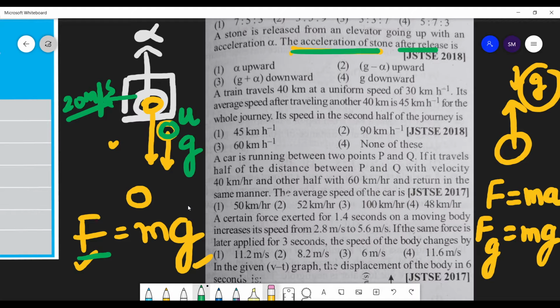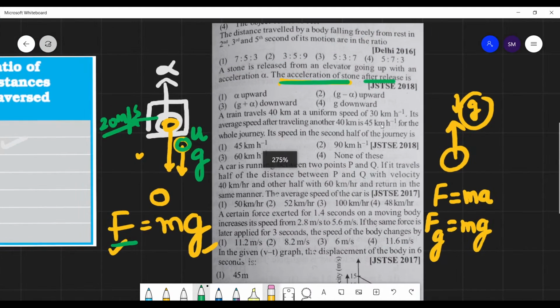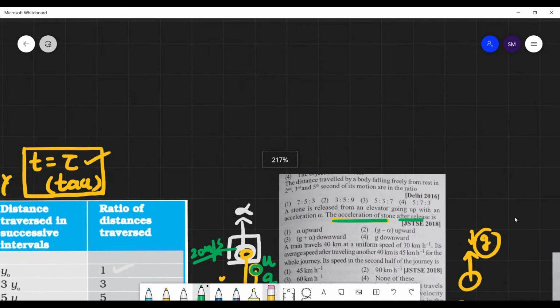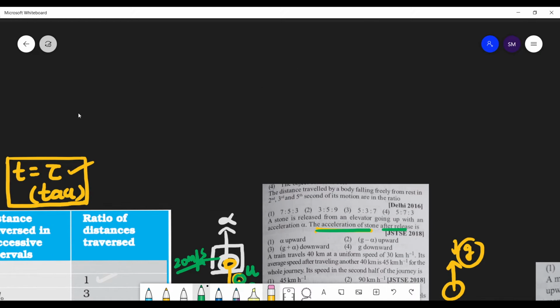Now, next question. A train travels 40 kilometer with a speed of 30 kilometer per hour.